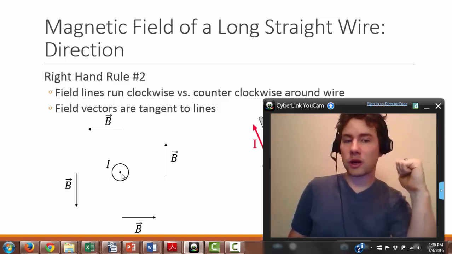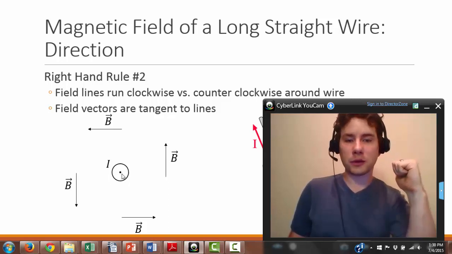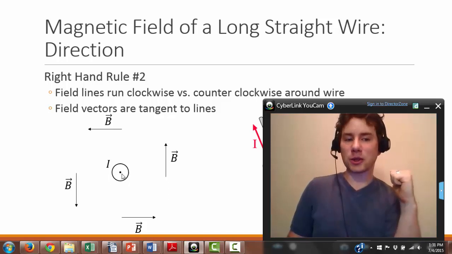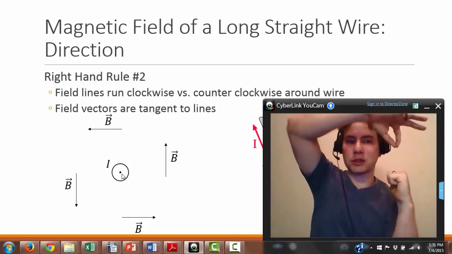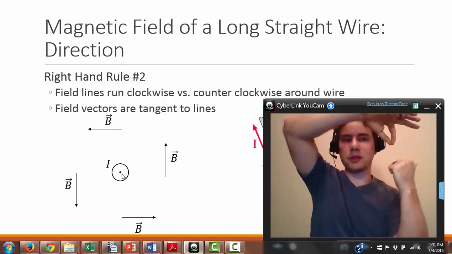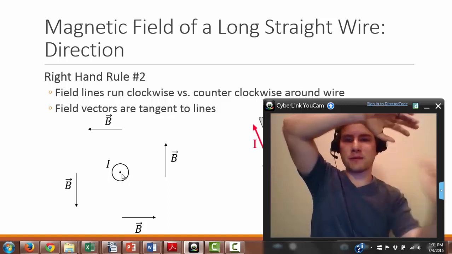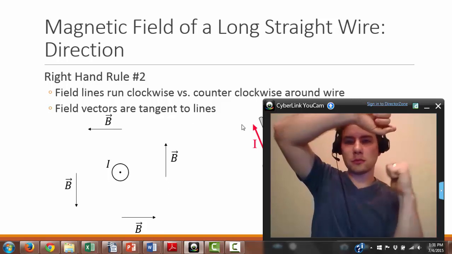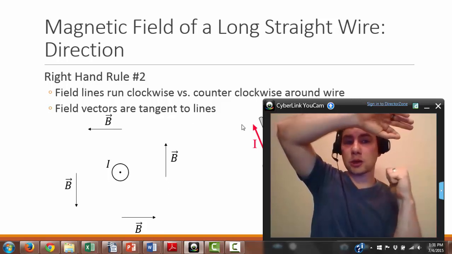So if I want to know a particular answer, I have to ask a particular question. Where's the magnetic field at this location? I'm going to choose to ask about the magnetic field above it. Say, what's the magnetic field up here? If my thumb is the wire, I'm asking for the magnetic field up here at the top where I'm circling. And the answer will come out to be the left.